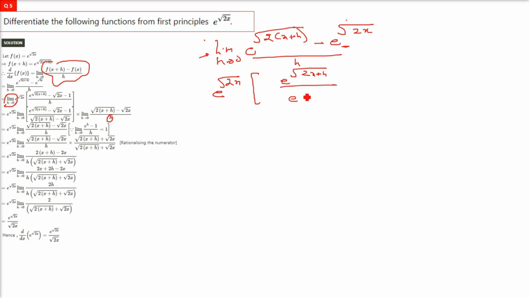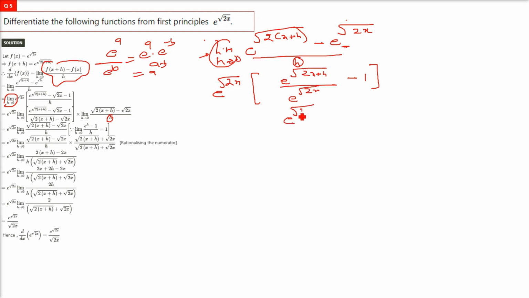So e raised under root 2x plus h divided by e raised under root 2x, minus 1, and then divided by h. I am not writing that right now, limit h tends to 0 also I am not writing. But I just told you that e raised a divided by e raised b will be e raised a minus b finally.